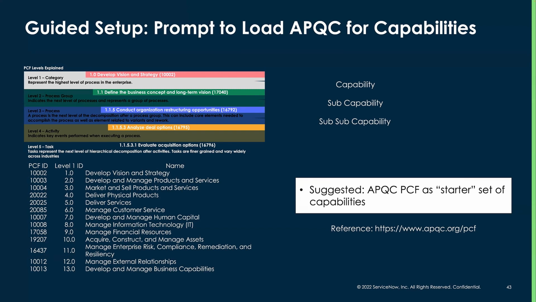They also include a cross-industry, just standard set of processes. The top three layers of these process models, the PCF they call it, make great capabilities. They're expressed in a manner, for example, the top layer: develop vision and strategy, develop and manage products and services, market and sell products and services.